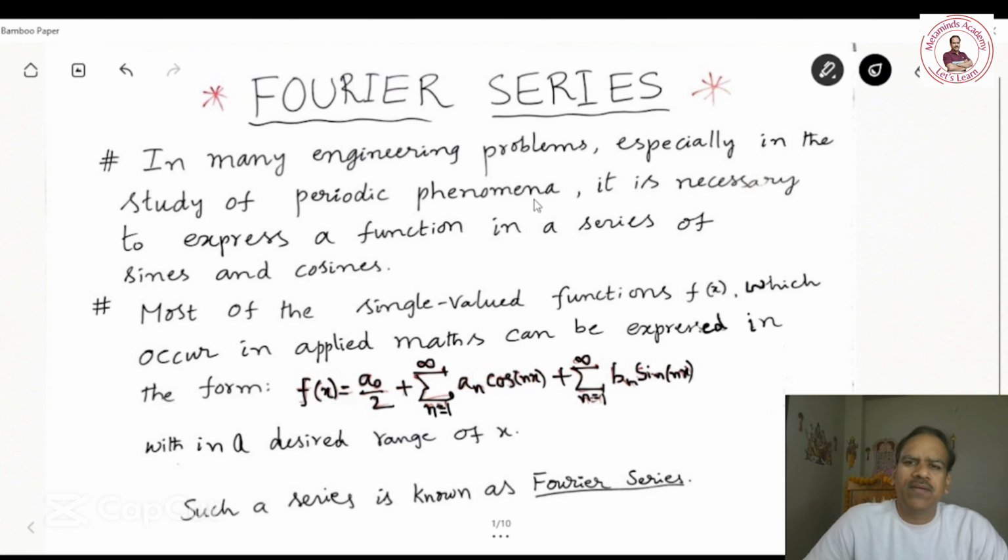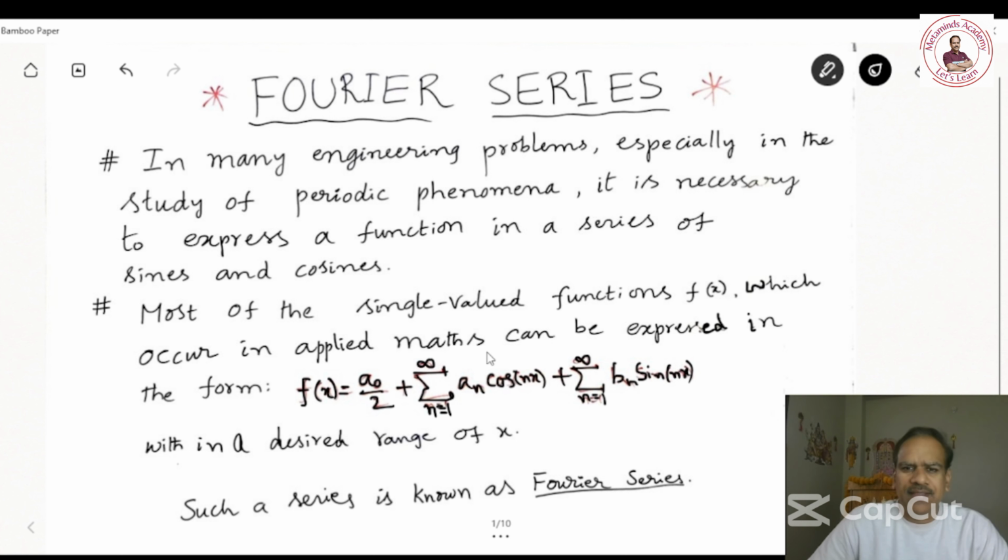In many engineering problems, especially in the study of periodic phenomena, it is necessary to express a function in a series of sines and cosines. So we are going to express a given function as a series of sines and cosines.